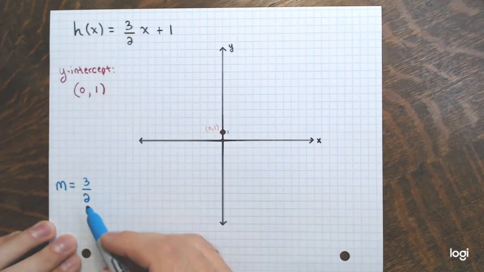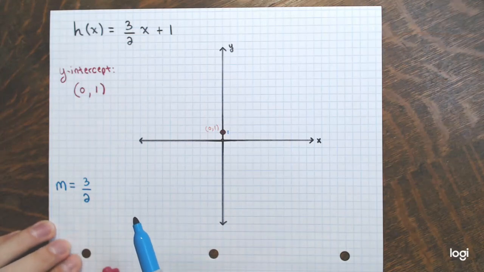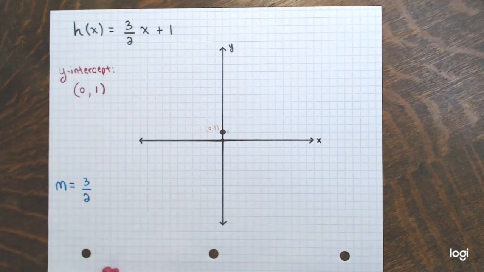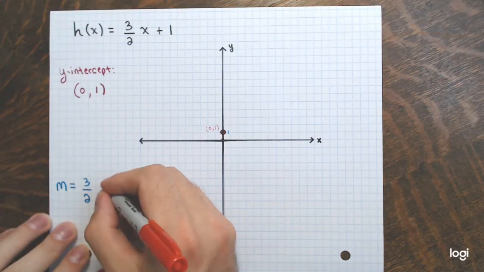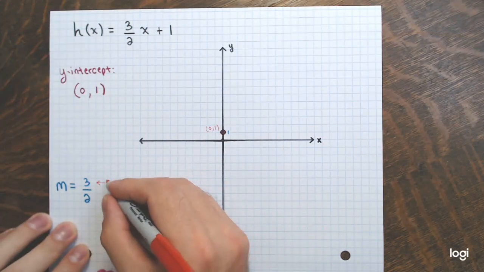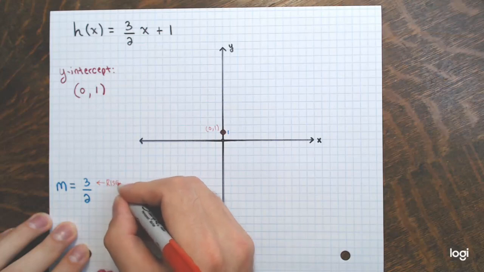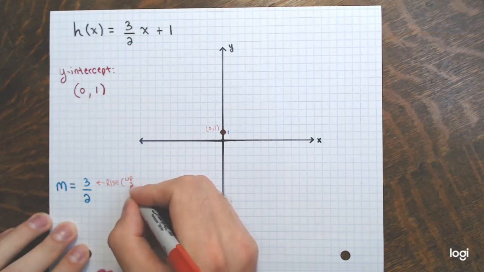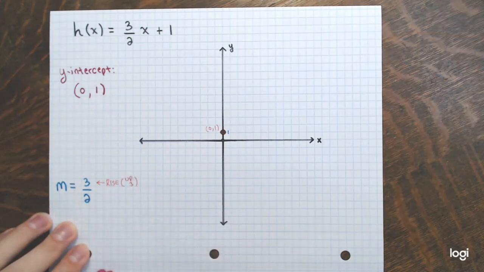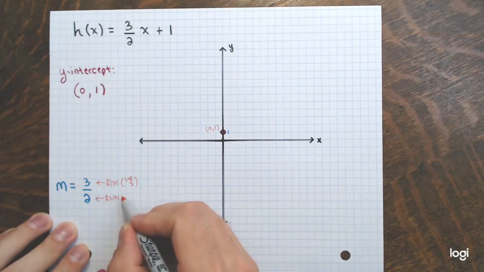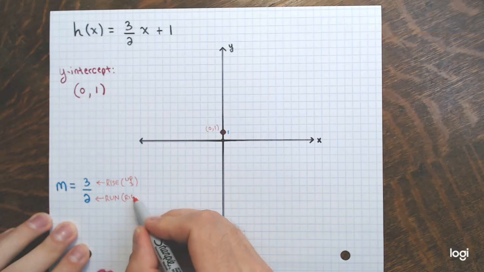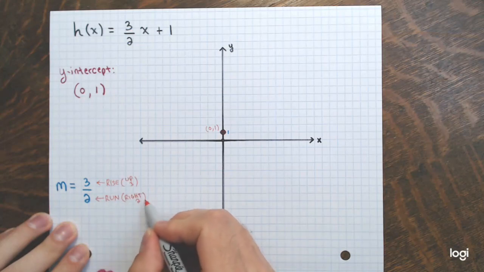It's already written as a fraction, so I have a numerator and a denominator, and I can say what the rise and run are. The numerator is +3, so the rise, I'm going to go up 3 units. A positive rise, I go up. And the run, the denominator, is +2, so I'm going to go right 2 units.